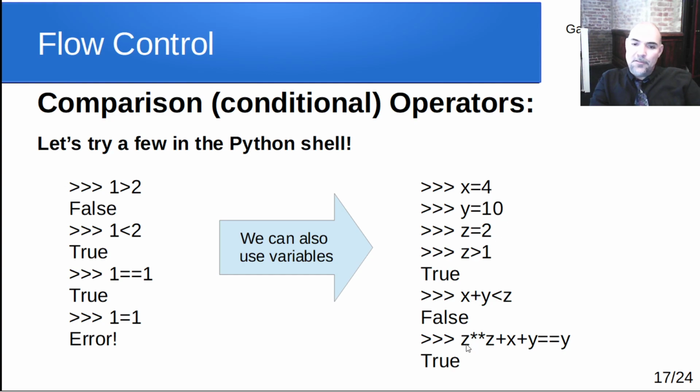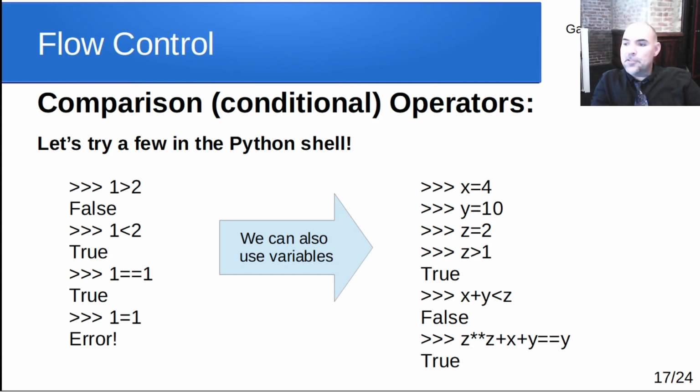Well, let's look at what that is. 2 squared, 2 times 2 is 4, plus 4 plus 10. I think that's not really true. I think that's wrong the way I have this in this document. But the idea is that it'll compute all of this stuff for us and then print out the result.